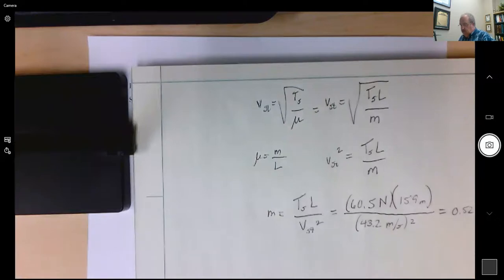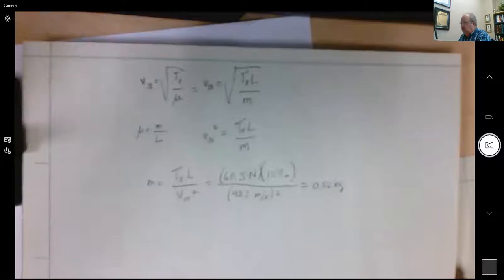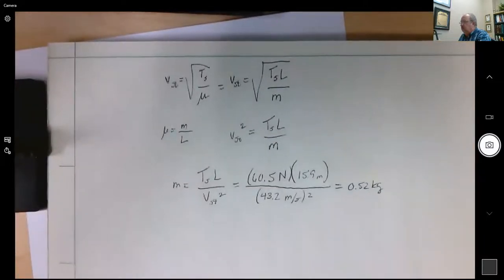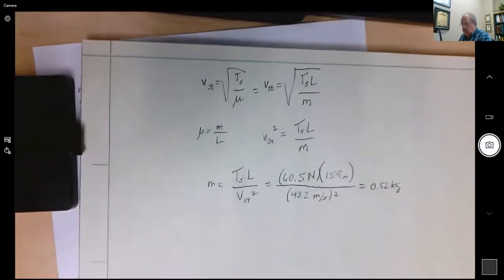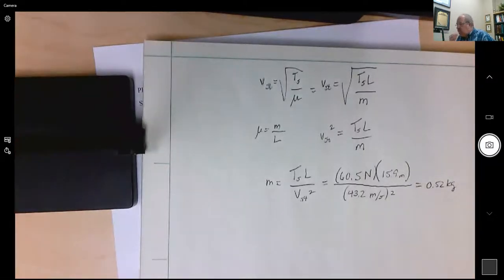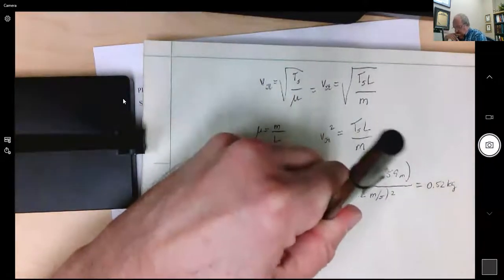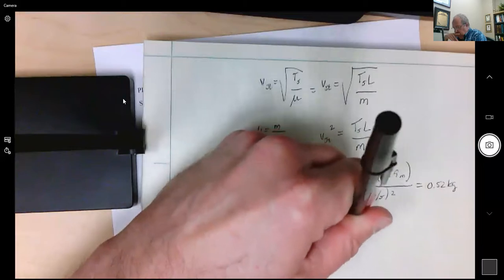kilograms. Just to do a little dimensional analysis here: 0.52 kilograms. If we do some dimensional analysis, you can show that a newton is equal to a kilogram meter per second squared.